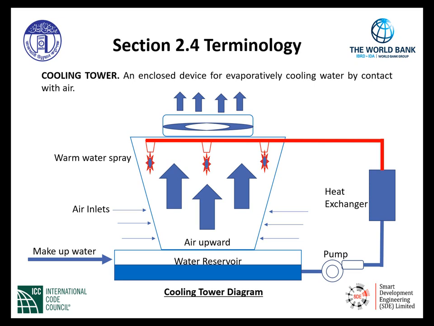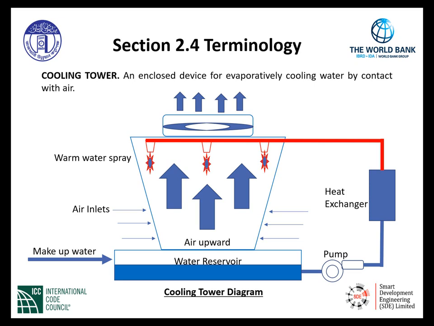side of the pump. The pump pumps the water through the supply into the heat exchanger where it goes through a heat transfer process, thus cooling down the condenser portion of a chiller.